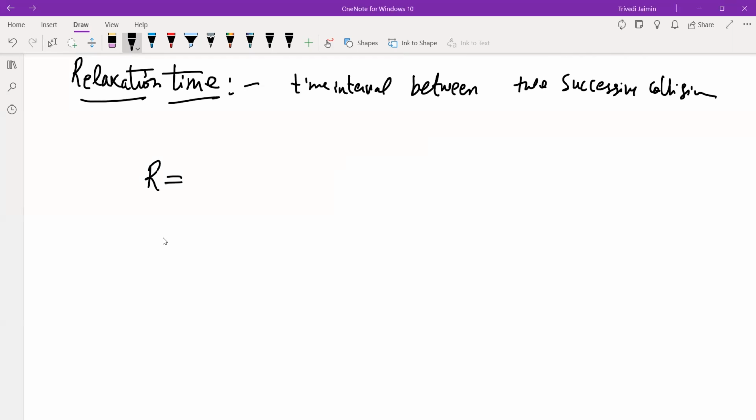So tau equals 2m l by n e square A, this is the relaxation time.